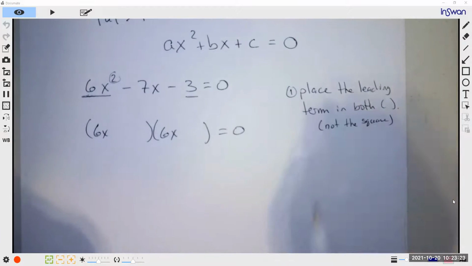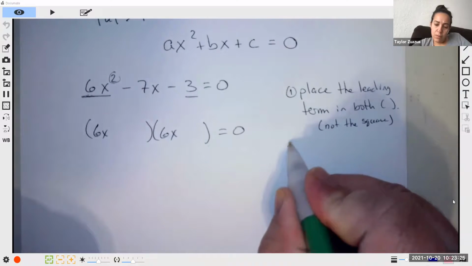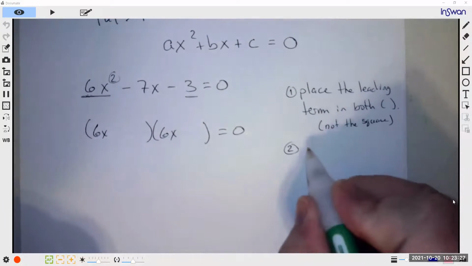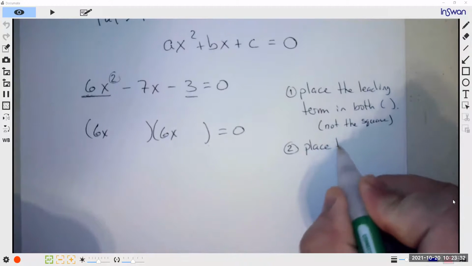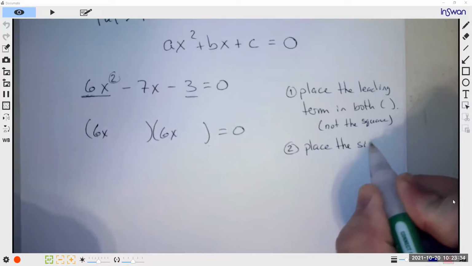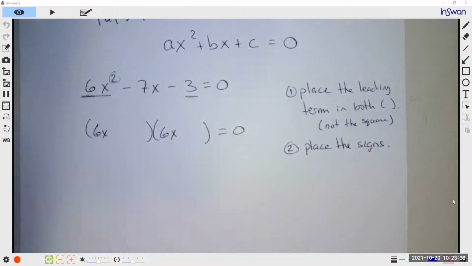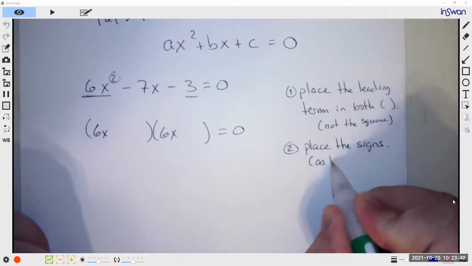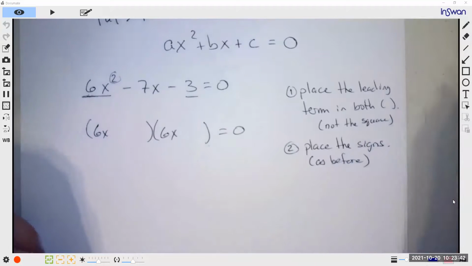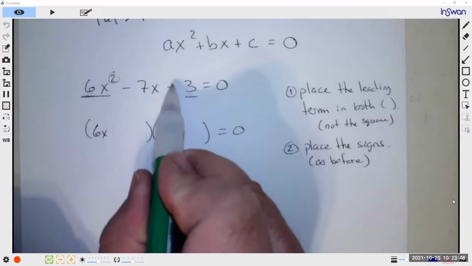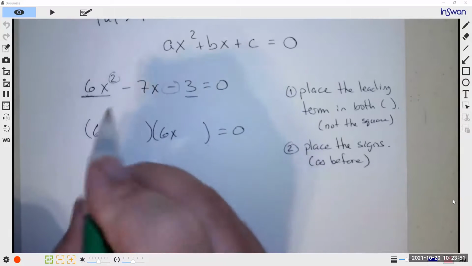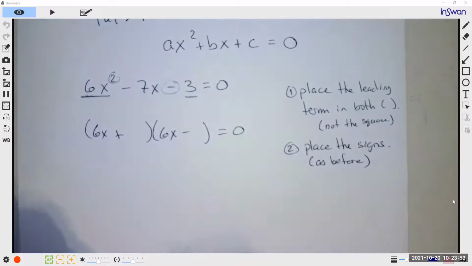We'll fix that at the end. Second step. Place the signs as before. So since the second sign's a minus, it's plus and minus, right?